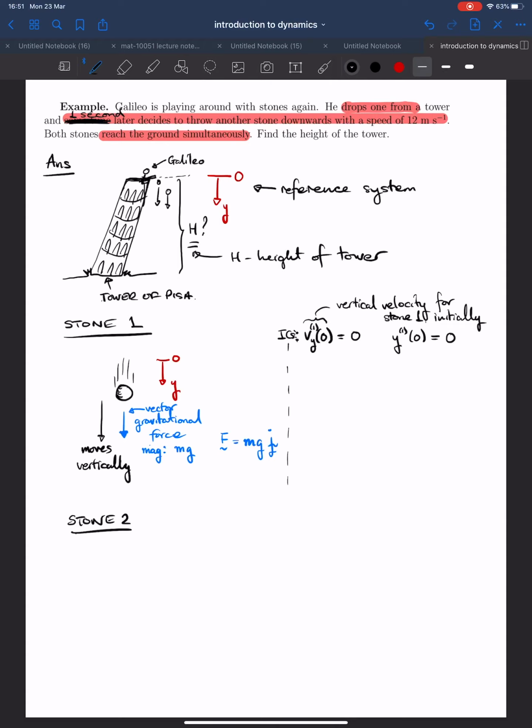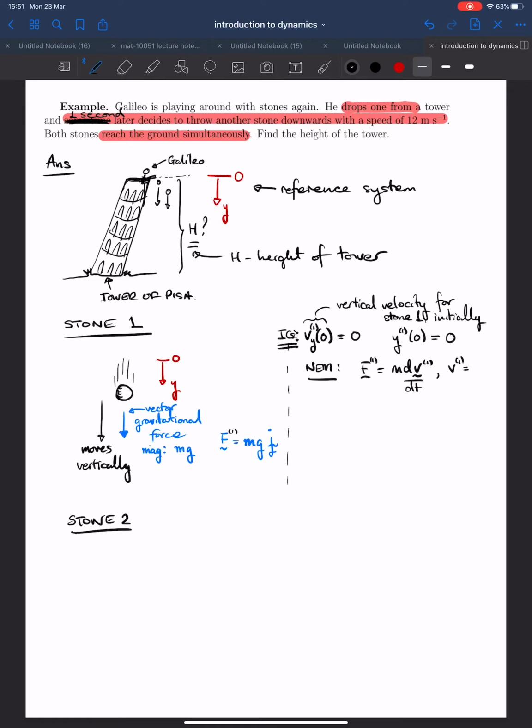ICs usually people write. So these are your ICs, and Newton's equation of motion is written F equals, usual stuff, dV. Actually, let's mark this force with 1, just to note that we're dealing with stone 1. So we have F1 equals this.